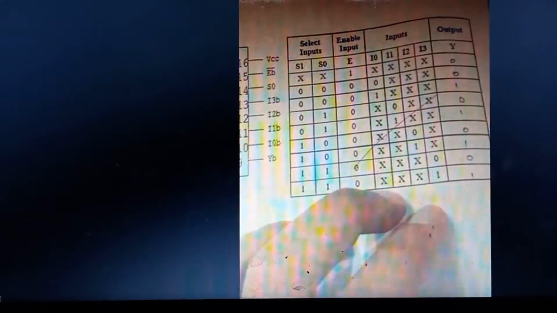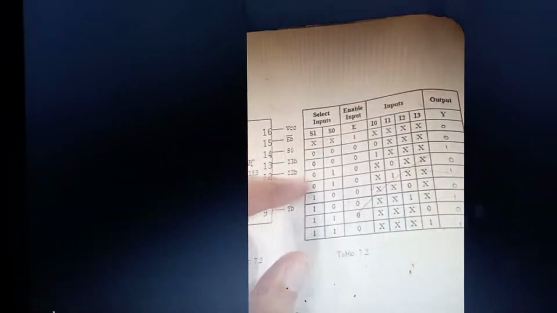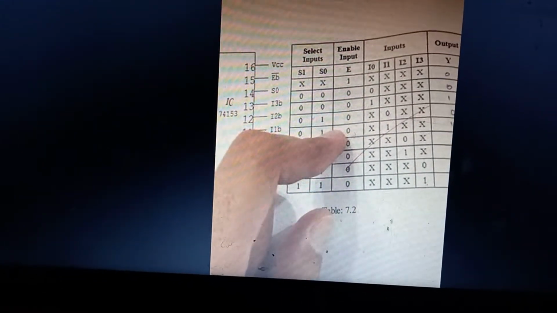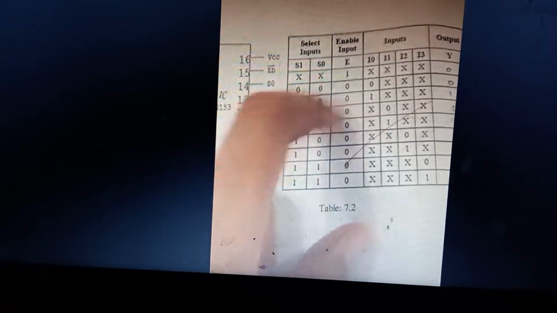So this is the truth table, very common, which you have learned in the theoretical course, and I think you can also get an idea by implementing it in software. For two selection lines, there will be 4 combinations depending upon the inputs. This is the enable. Either you can turn it to 0 or to 1, if you are working on positive or negative logic, depending upon your choice.